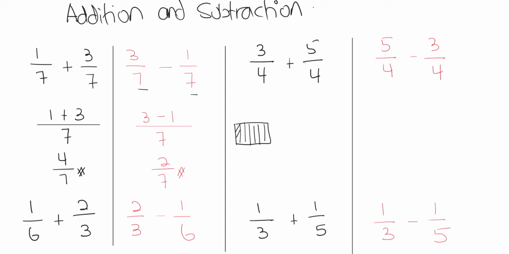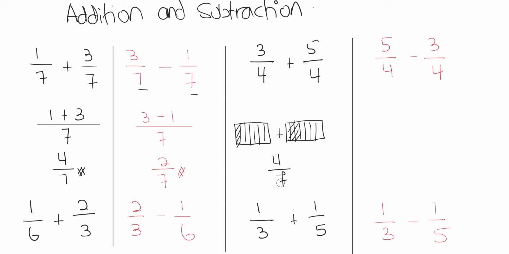So one part is shaded, and then I'm adding another block which is identical and also has been divided into 7 equal parts. Here I have 3 equal parts. So how many parts do I have in total? I have 4 parts out of blocks that have been divided into 7 parts. That's what it means. Okay, clear?